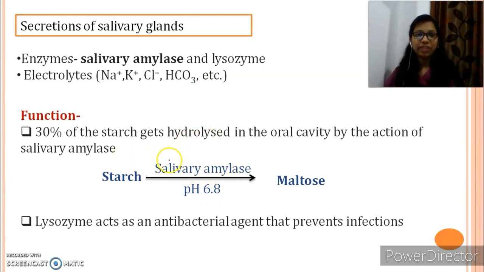Salivary amylase helps in breaking down starch, and on breaking it down it forms maltose. This happens in the buccal cavity, the oral cavity.